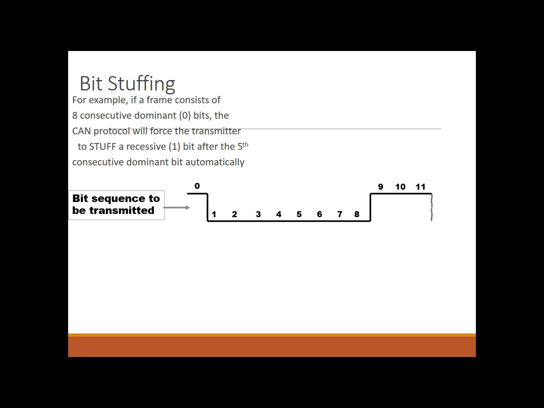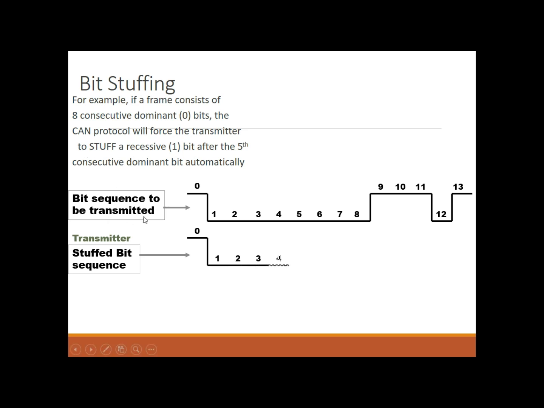This follows the ISO standards only. Based on the ISO, everything was set up with rules, so we should follow those sequences only. If you see this bit sequence to be transmitted, the start of frame consists of a 0, and only then will the frame communication happen. If you see how the bits are flowing, everything is sequential.